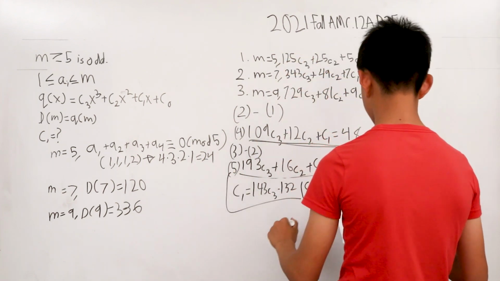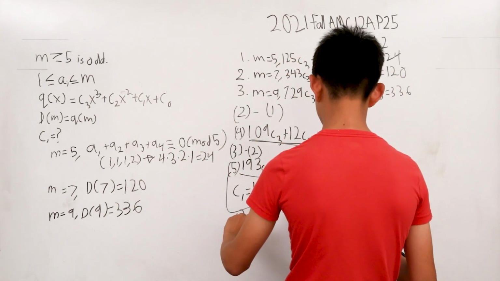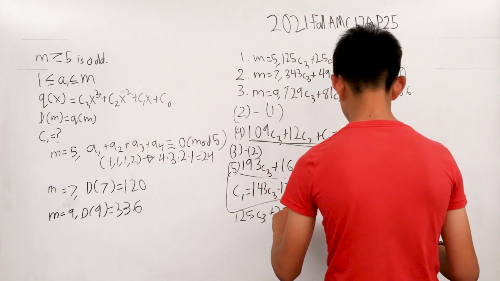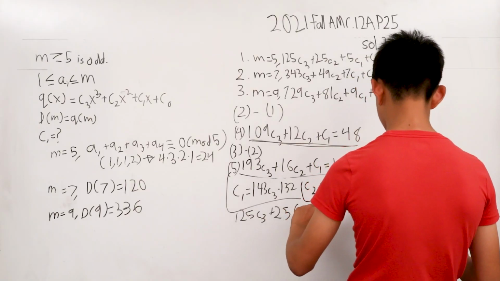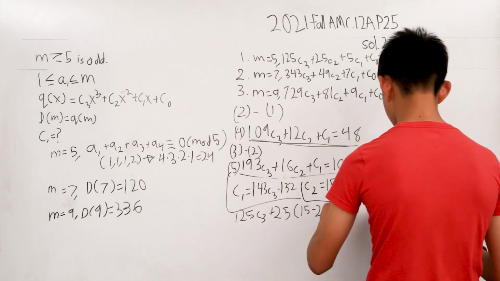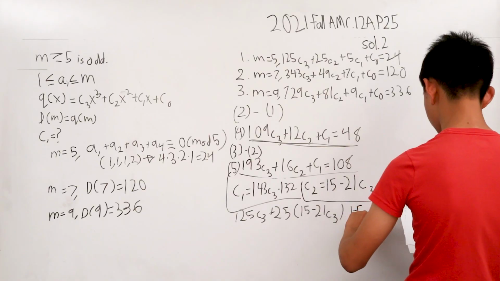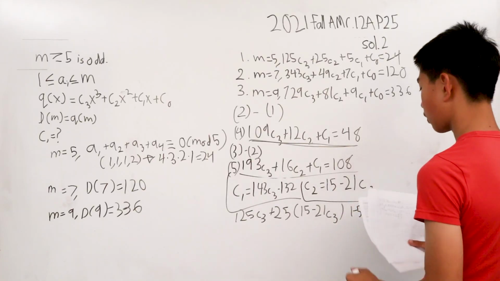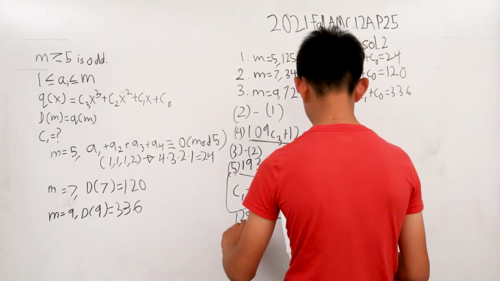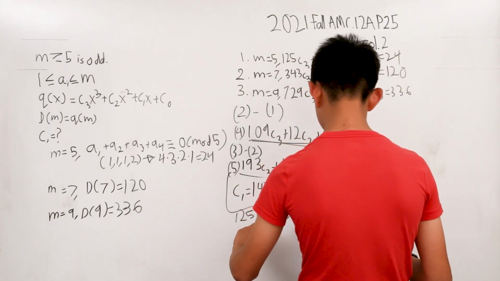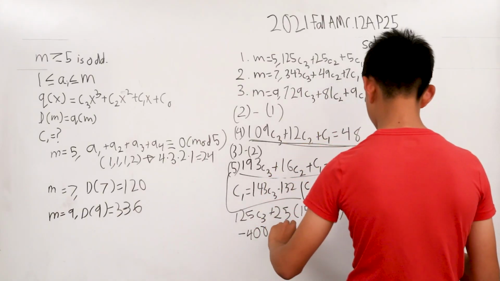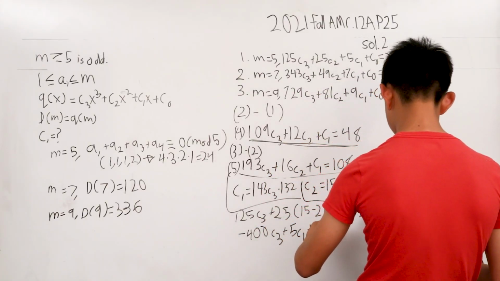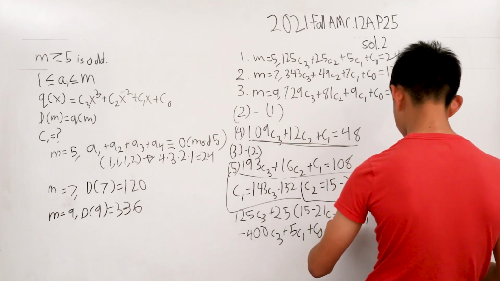That becomes 125 C3 plus 25 times 15 minus 21 C3 plus 5 C1 plus C0 is 24. This becomes negative 400 C3 plus 5 C1 plus C0 equals negative 351.